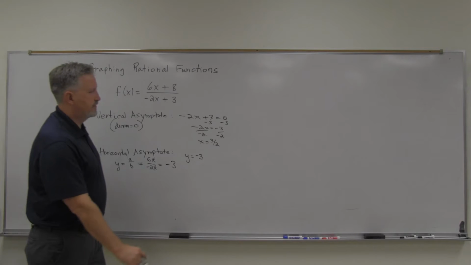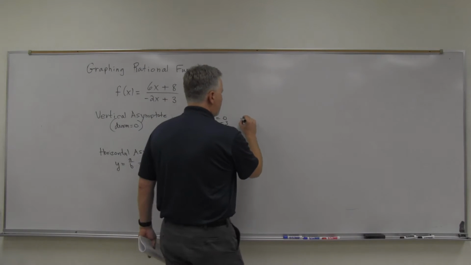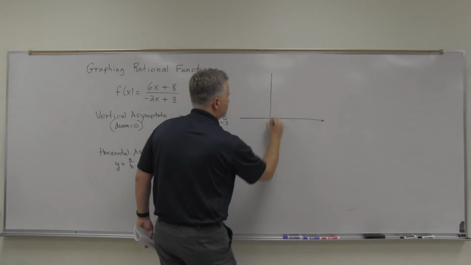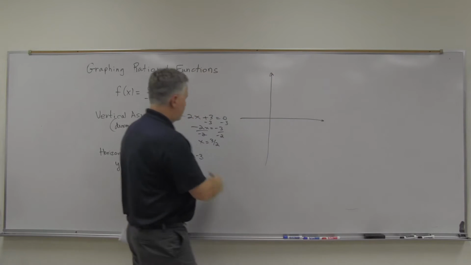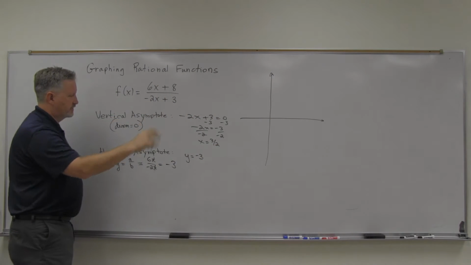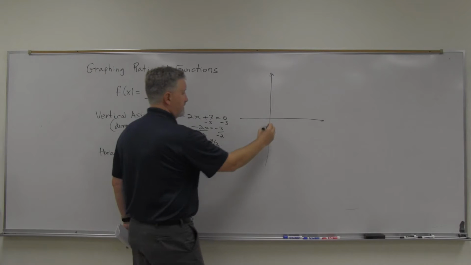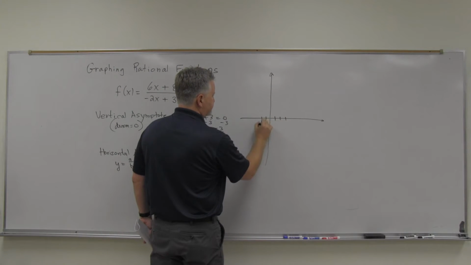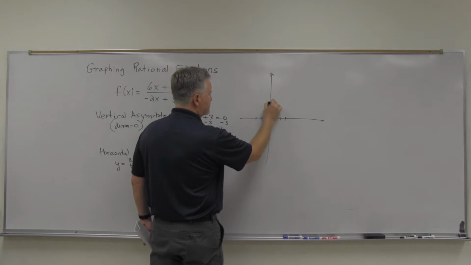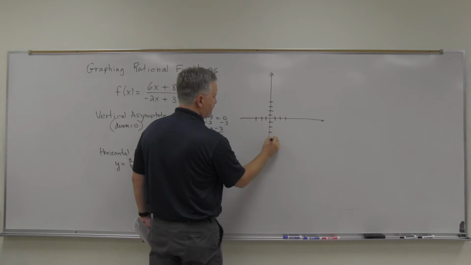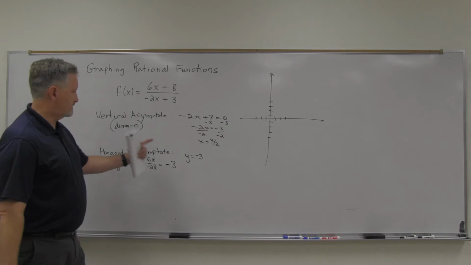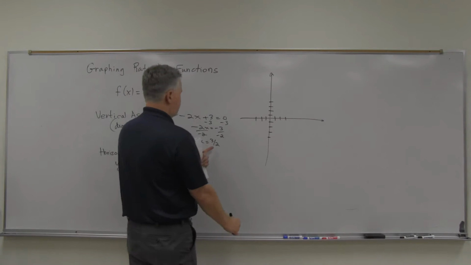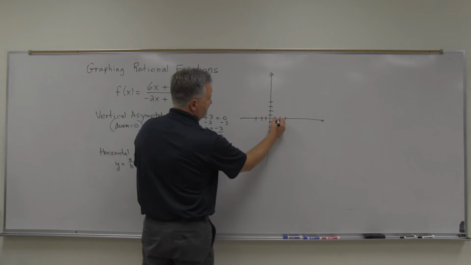And when we go to graphing this then, we're just going to draw those in as dotted lines, and then we'll discuss what happens with them when we get some more points on here. Okay, so the vertical asymptote is 3/2, which is 1.5, which is here.